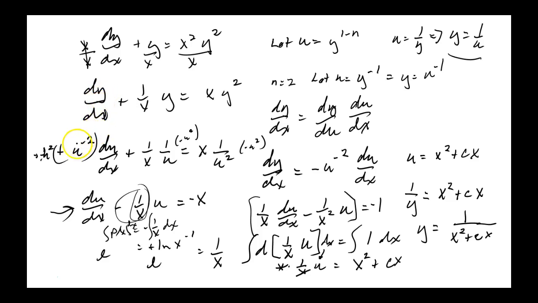Okay. Right here, I remember that was a minus and I made it a plus. Because the integrating factor, no, it was before the integrating factor. Yeah, right here. This is where it was. That became a minus here. This minus changed that to a plus. This minus, I didn't.